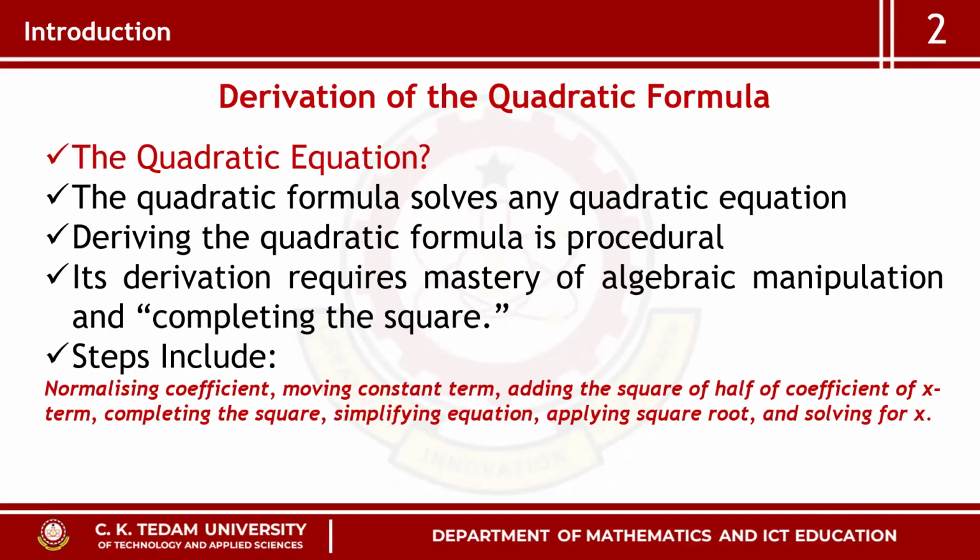We'll look at normalizing the coefficient for today, and if possible, we'll also move to moving the constant term to the other side of the equation. The constant term here is c, and as we do the manipulations, you will see the constant term moving to the other side.